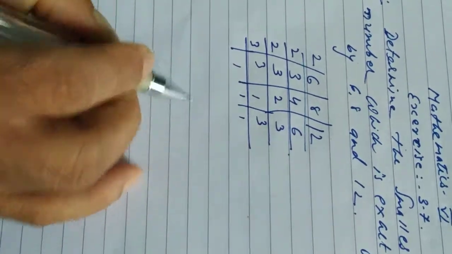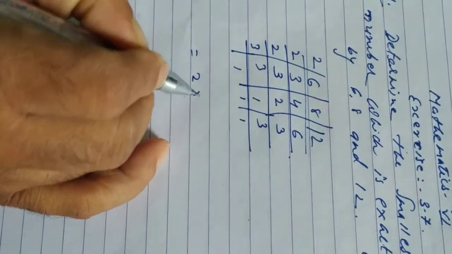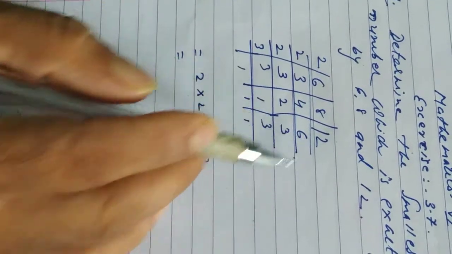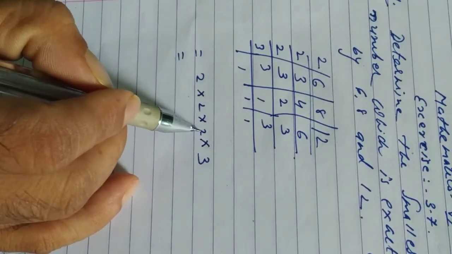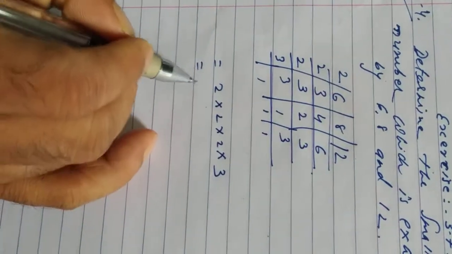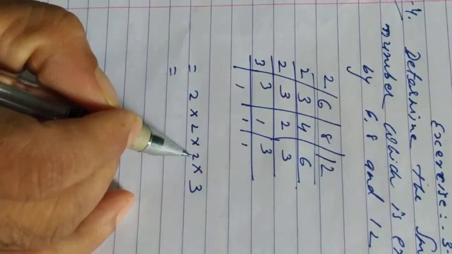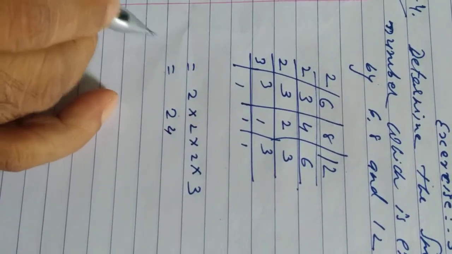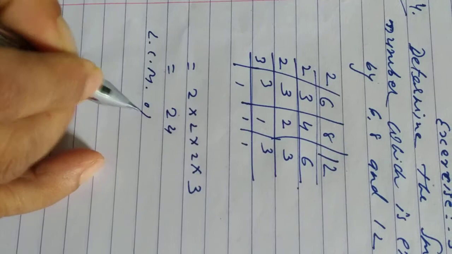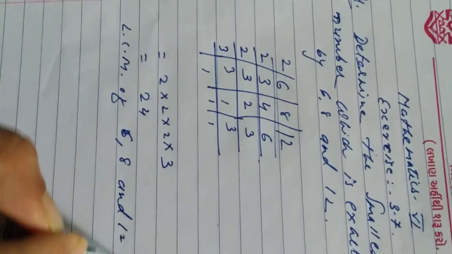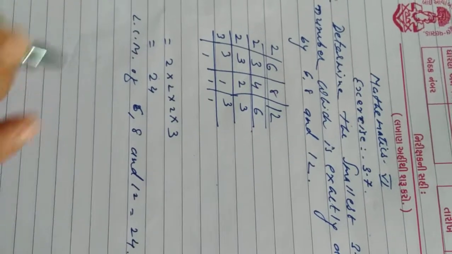So what are the different multiples we got over here of 6, 8 and 12? 2 multiply 2 multiply 2 multiply 3. 2 twos are 4, 4 twos are 8, 8 threes are 24. So we can say the LCM of 6, 8 and 12 is equal to 24.